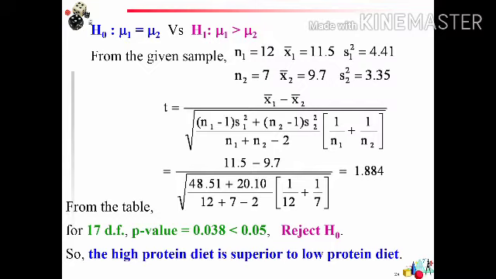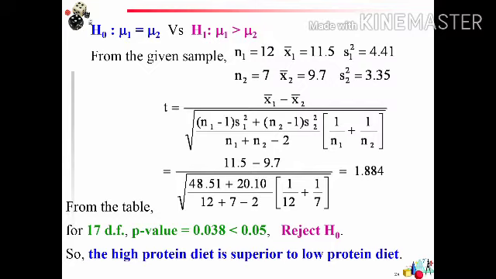From the given sample, the observations are given here: sample size of sample 1 n1 equal to 12, sample mean x1 bar equal to 11.5, and variance for the first group s1 squared equal to 4.41. Similarly, you can see the sample size, mean and variance for group 2, the low protein diet group.